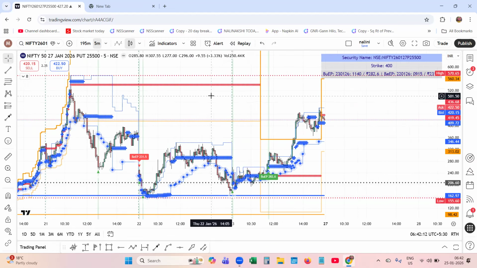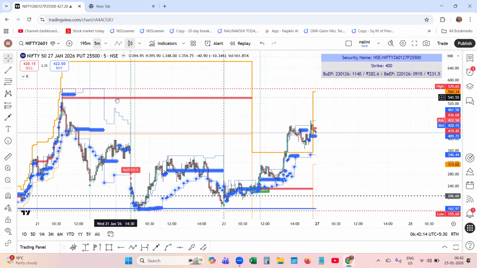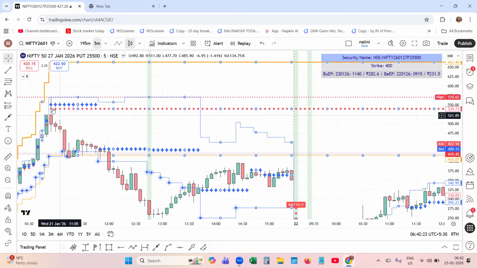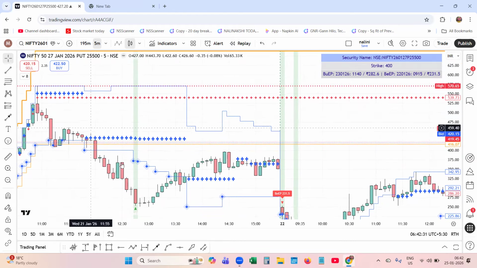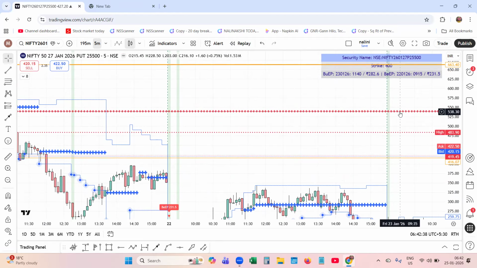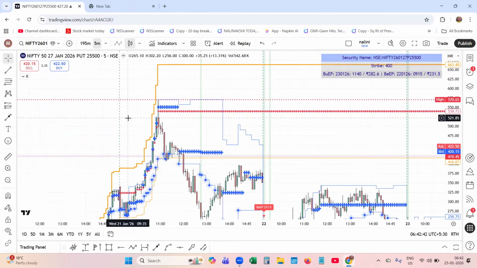So we will see here the price and the POC. Along with the price, the POC has not moved lower. We need to see what will happen over here, and we need to see from there.